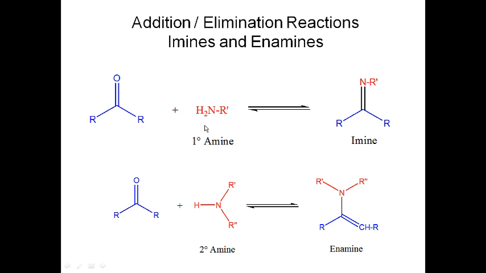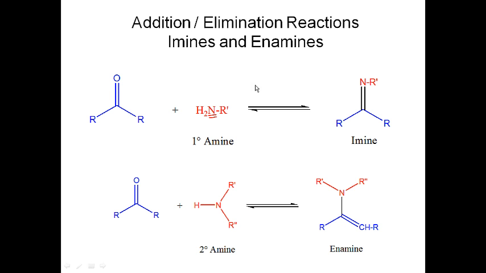And just so you know that terminology, we classify primary, secondary, and tertiary amines based on the number of alkyl groups attached to nitrogen. So when there's just one and you have an NH2 group, it's a primary amine. When you have two alkyl groups and one hydrogen, it's a secondary amine. If I had three alkyl groups, it would be a tertiary amine. So we're going to see that we get two different products when we add a primary amine versus a secondary amine to either an aldehyde or a ketone.